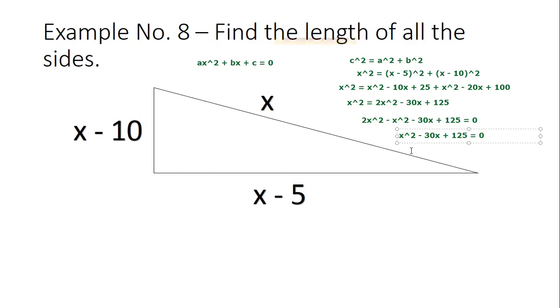So to find the roots, we can either use factoring, completing the square, or the quadratic formula. In this case, I'm going to use factoring. So this will become (x minus 25)(x minus 5) equal to 0.